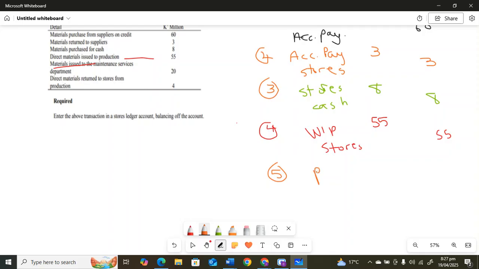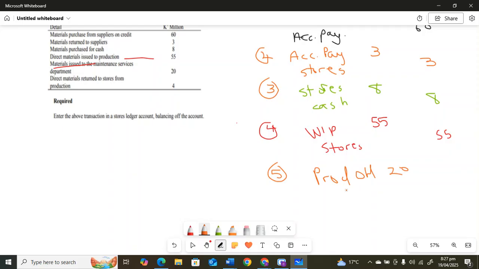Remember, the maintenance department doesn't make the product. They don't take part in making the product. They help the production departments. So production overheads we debit 20. You can put production overheads, maintenance in brackets, so that you know where it's going.